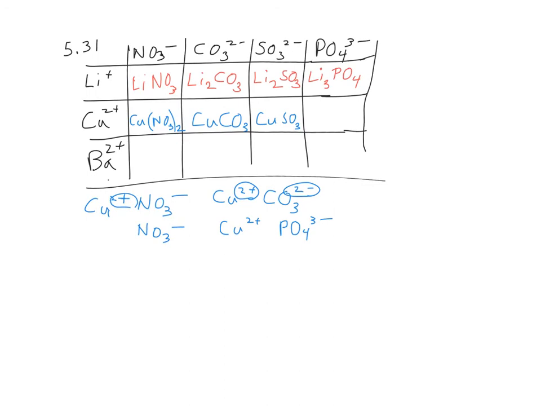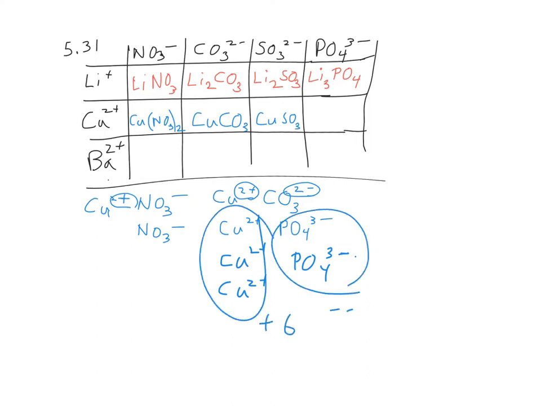My least common multiple of 2 and 3 is 6. So I would need 3 coppers to counterbalance the negative 6 brought by my 2 phosphates. That way I have a positive 6 with those guys and a negative 6 with those guys.